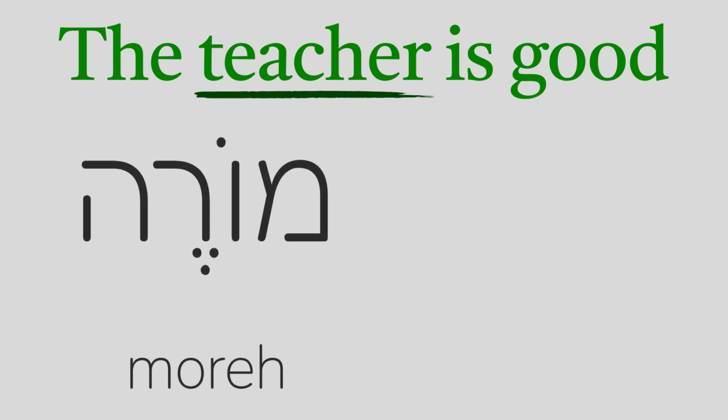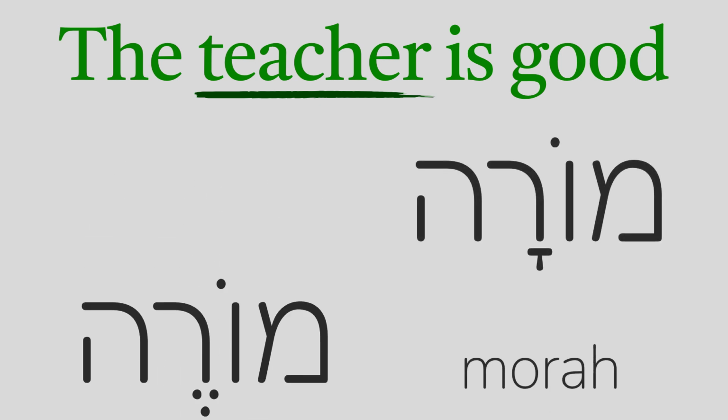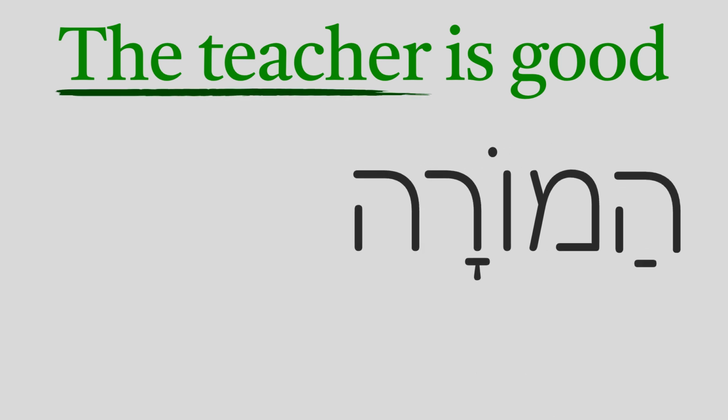Finally, we learned how to say sentences that have a structure of the noun is adjective, like the teacher is good. Teacher in Hebrew is either more if the teacher is a man, or mora if the teacher is a woman. Let's say our teacher is a woman, and so we'll use mora. To say the teacher, we attach a ha onto mora to get ha mora.